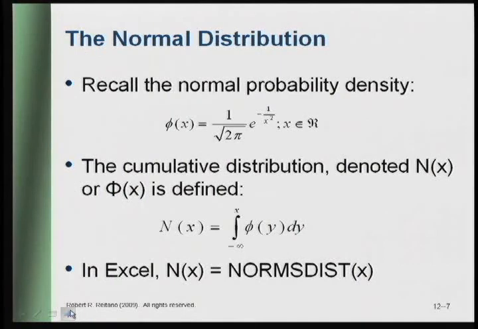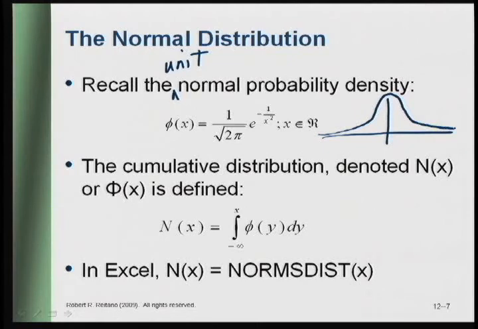So recall the normal distribution, which is discussed more in Appendix A of this chapter. The normal probability density is highly symmetric. This is what's sometimes called the unit normal, because it has a mean of 0 and a standard deviation of 1.